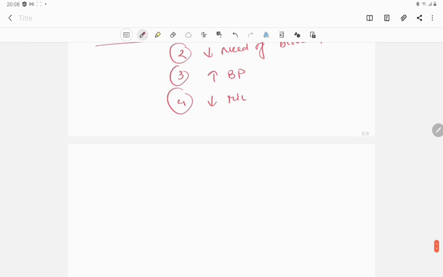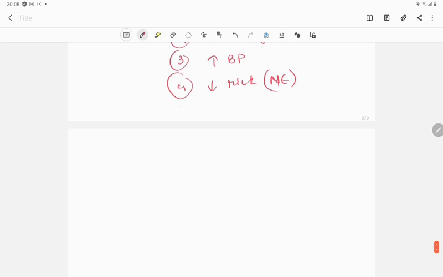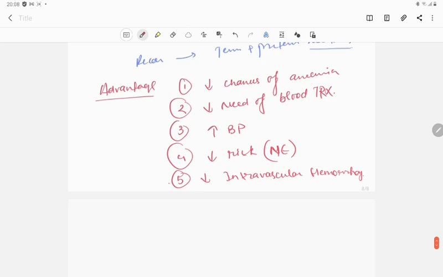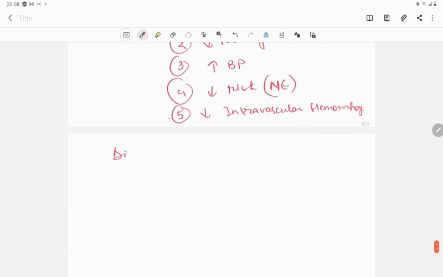There is decreased risk of NEC, necrotizing enterocolitis, which we will be talking about in subsequent classes. What else? There is decreased chance of intraventricular hemorrhage. So these are the reasons why we should go for delayed cord clamping.